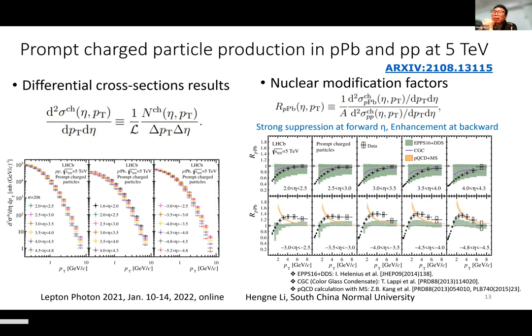Think about the production of charged particles. You have the factorization, right? The non-perturbative part is stored in the nuclear PDF, and then the hard scatter is calculated with pQCD. If you are not considering the non-perturbative part from the nuclear PDF, you cannot get it correct.